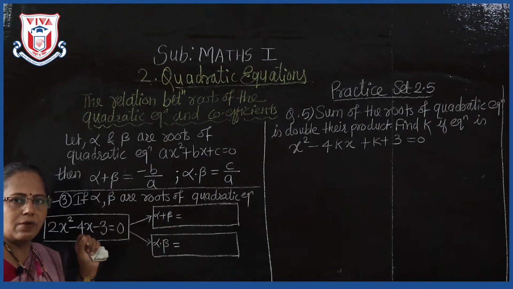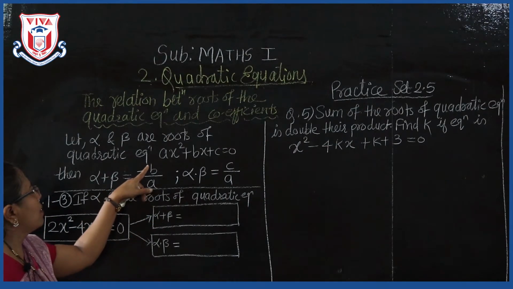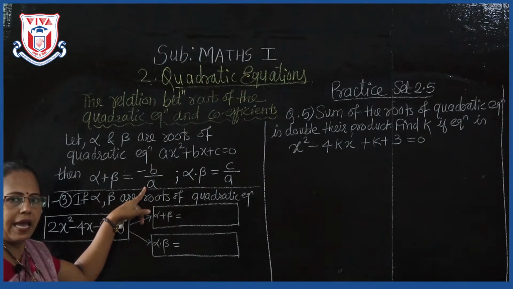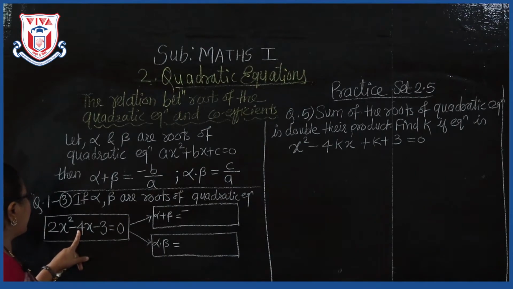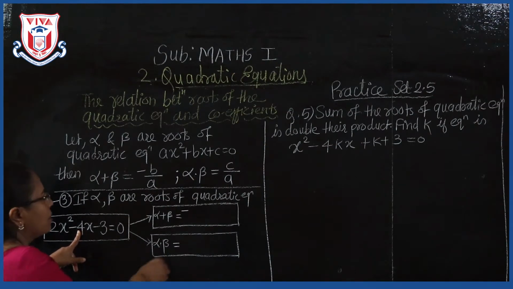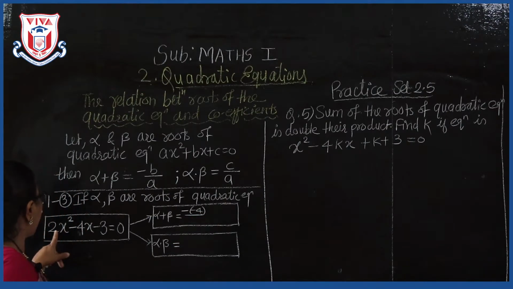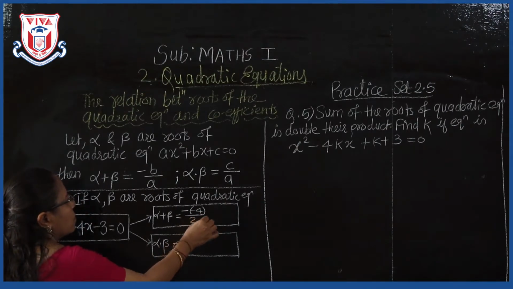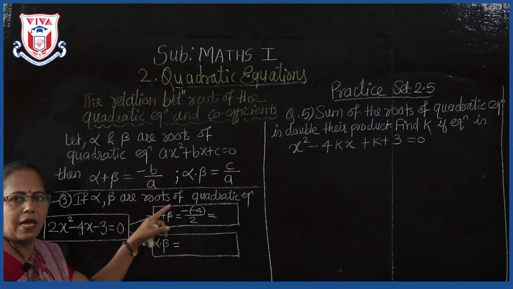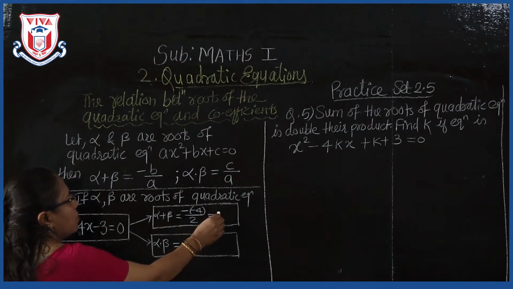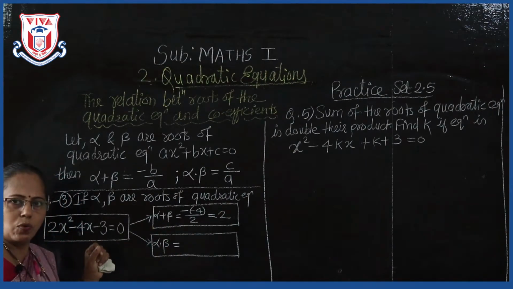We know the formula, alpha plus beta is equal to minus b upon a. The value of b is minus 4, so minus into minus 4 upon a, which is 2. Minus into minus is plus, and 4 upon 2 is 2. So alpha plus beta you will get 2.